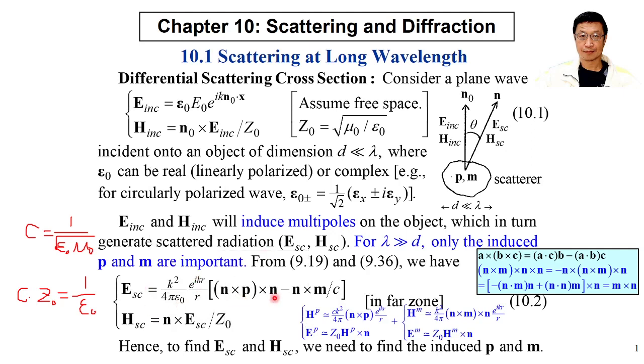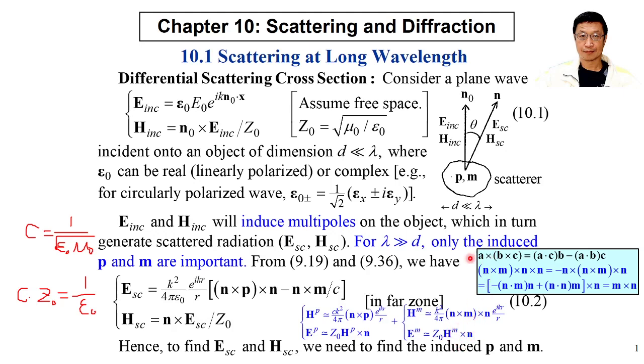How about the second term? The second term is substituting this one into here: N cross M cross N cross N. Wow.